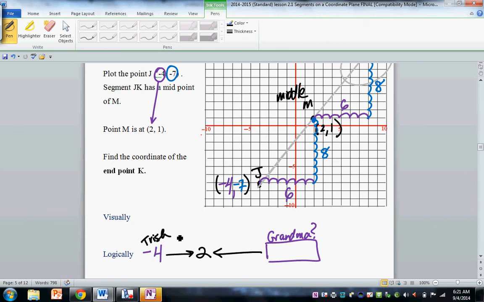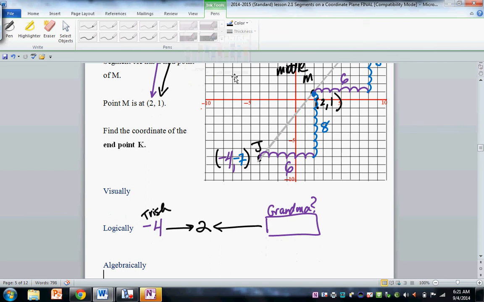Think of -4 as Trish's age. And then for the y's, you go through the same process. So for the y's, Trish's age is going to be -7. And the exact middle point is 1. And the question is, how old would Grandma be? So that's using the logic method.